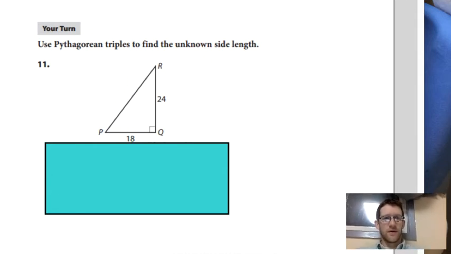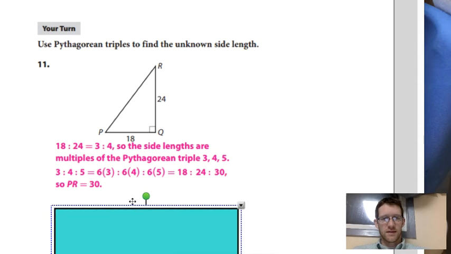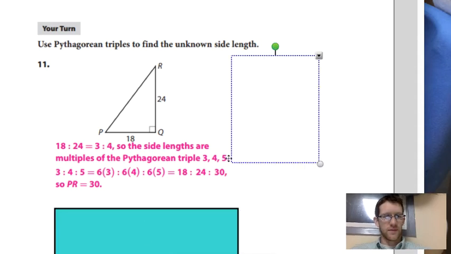Most of you can probably pretty quickly figure out that if this is the short leg, that's going to be the 3, this is going to be the 4. So what number times 3 equals 18? Does that same number times 4 equal 24? Yes. So therefore, PR is 5 times that same scale factor. And the scale factor is, of course, 6. So therefore, PR equals 30.